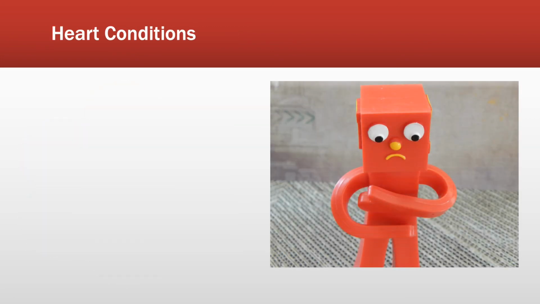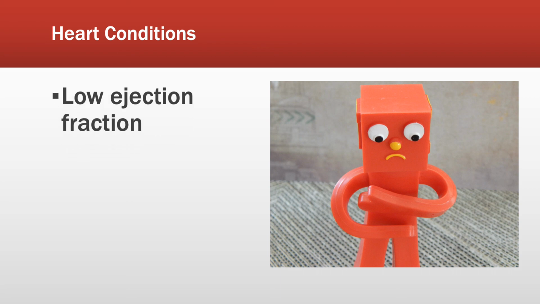Some heart conditions have also been shown to put individuals at risk for TDP. These include the following. Low ejection fraction. Ejection fraction refers to the volumetric fraction of the fluid that is ejected from a chamber at every contraction. It is a measurement expressed as a percentage of the amount of blood that the left ventricle pumps out at every contraction.